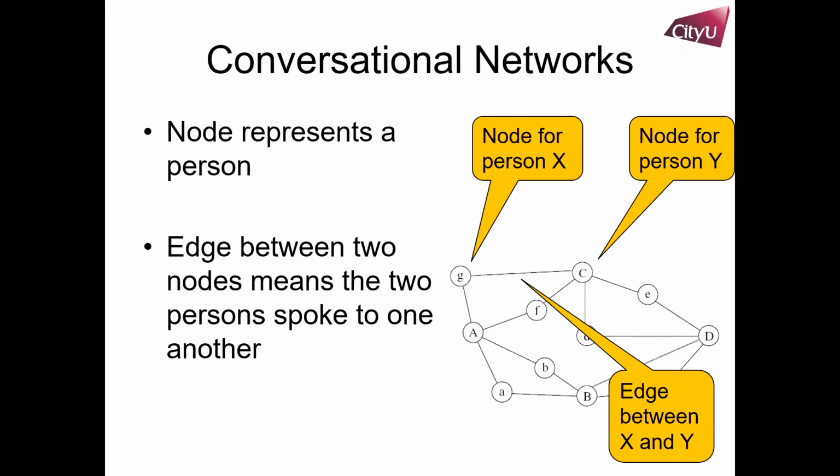So one way to analyze literary text is to look at the direct speech that is reported in a text. We're not the first person or the first group to do this. There has been analysis on various novels, and they would draw a graph with the nodes representing characters in the novel, whatever the text happens to be. And an edge between two nodes would indicate that these two people have spoken to each other.